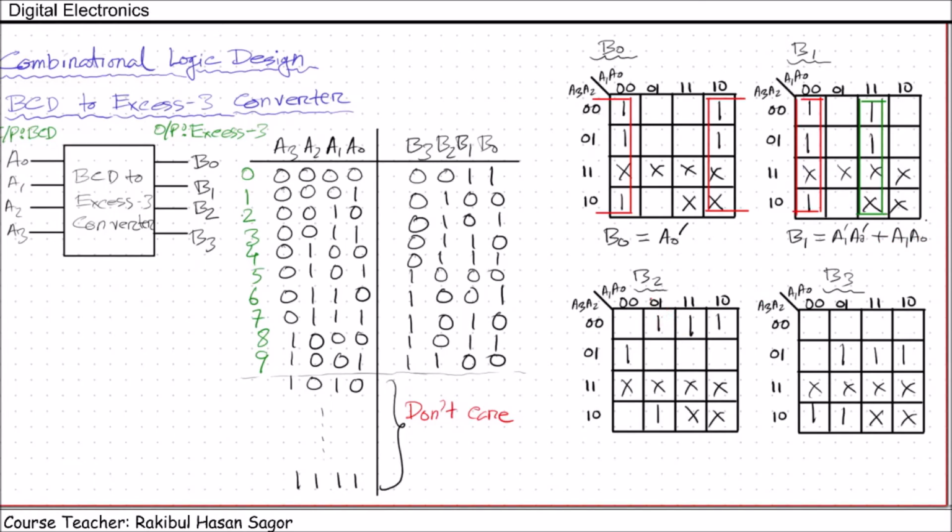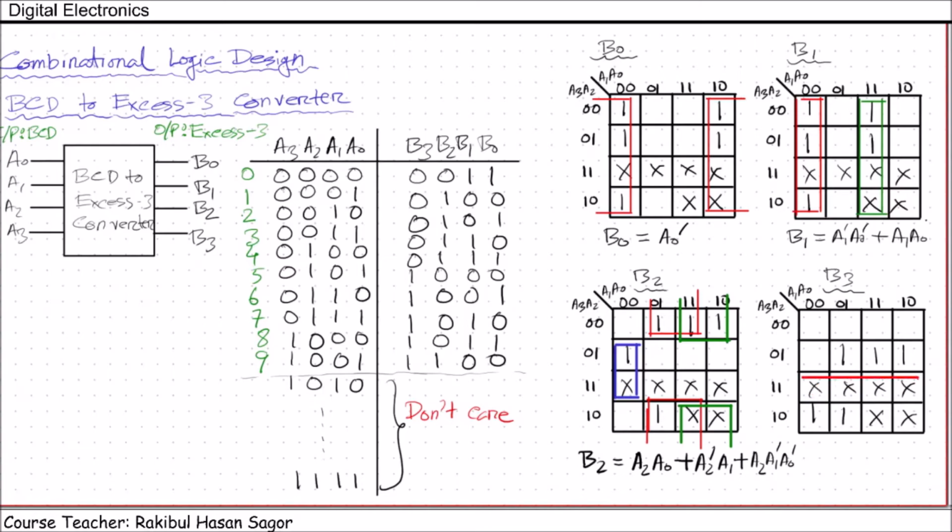For B2 we can take these 4, and another 4 can be taken here. For this one we can take 2 boxes. So B2 can be written as A2 A0 plus A2 prime A1 plus A2 A1 prime A0 prime.